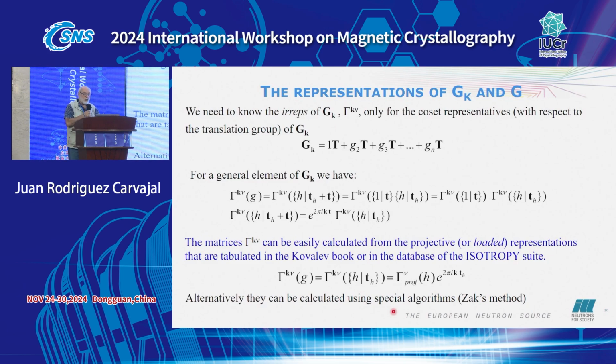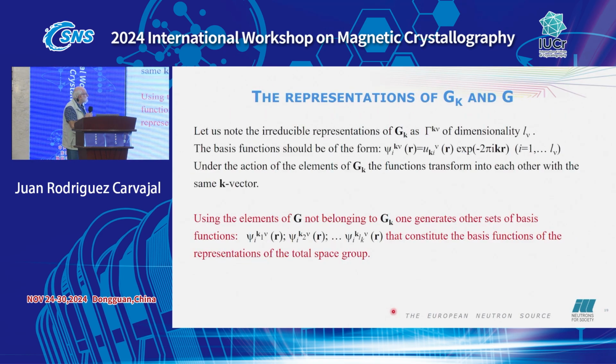But it can also read the database of ISOTROPY and use the matrices provided by ISOTROPY. Well, you have to keep in mind that the representations of GK and G, the full space group, are not the same.